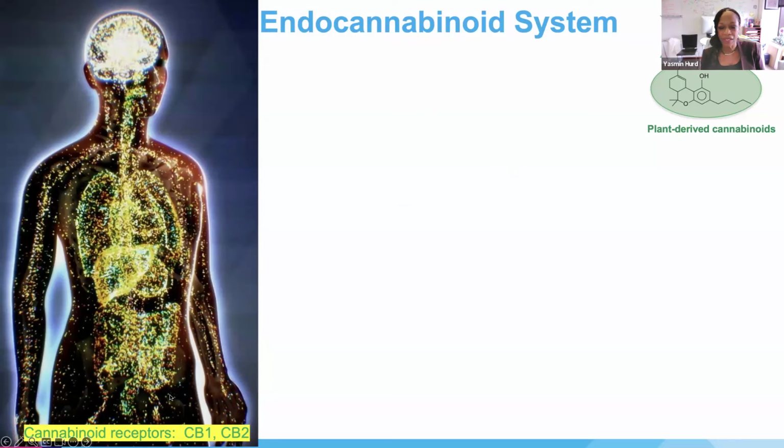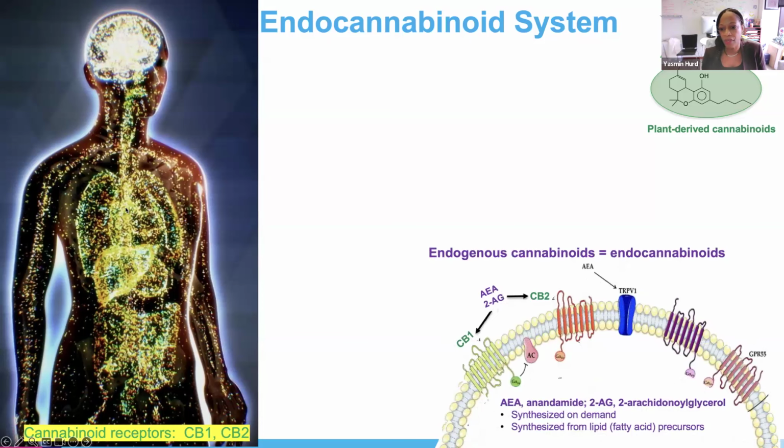So THC binds to cannabinoid receptors throughout the body. There are two main cannabinoid receptor subtypes, CB1 and CB2. The schematic diagram here shows, in the brain, throughout, you can see practically every organ, even in skin, that contains these cannabinoid receptors. These cannabinoid receptors are clearly not there for the consumption of THC, of cannabis.